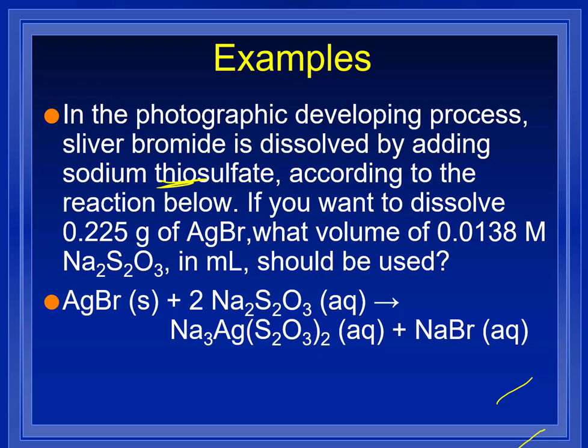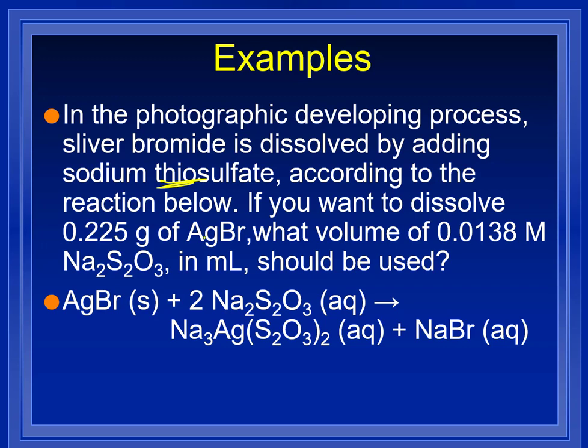But to the question, if you want to dissolve 0.225 grams of silver bromide, what volume of 0.0138 molar sodium thiosulfate should you use? Well, I got grams of silver bromide, but they asked me about thiosulfate. I need moles. Can I turn grams of silver bromide into moles?